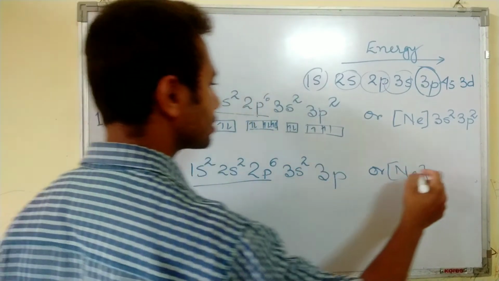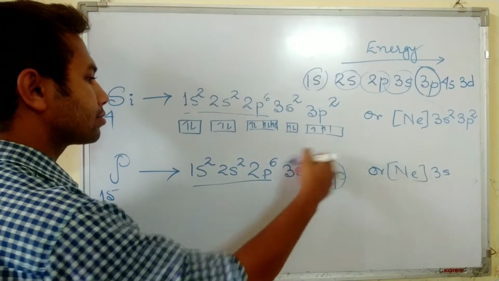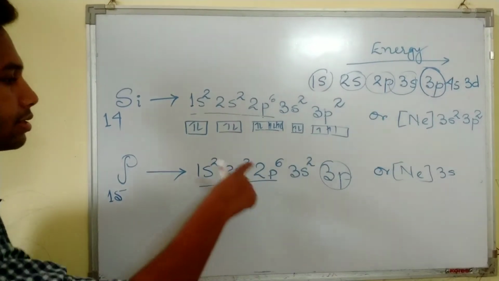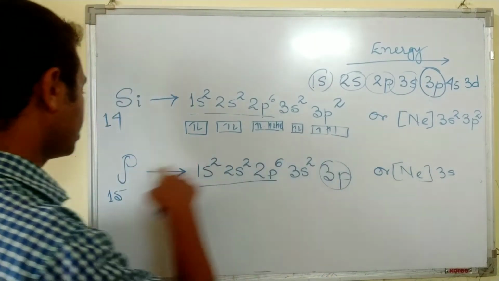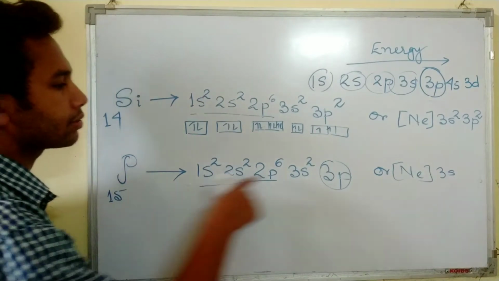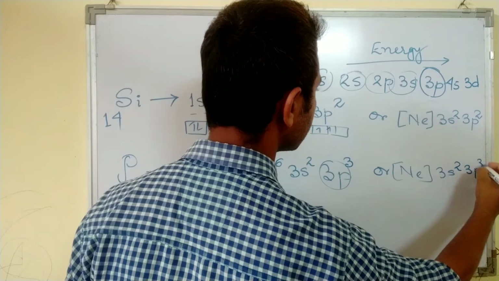After that 3s2, and how many electrons will go to 3p? Here you see 2 plus 2, 4 plus 6, 10 plus 2, 12. So the remaining 3 electrons will go to 3p. So 3s2, 3p3.